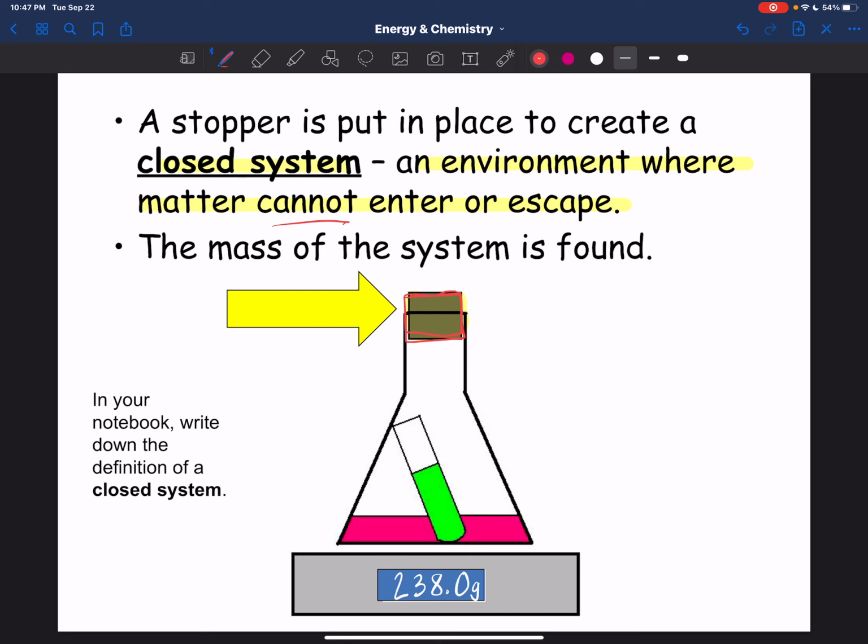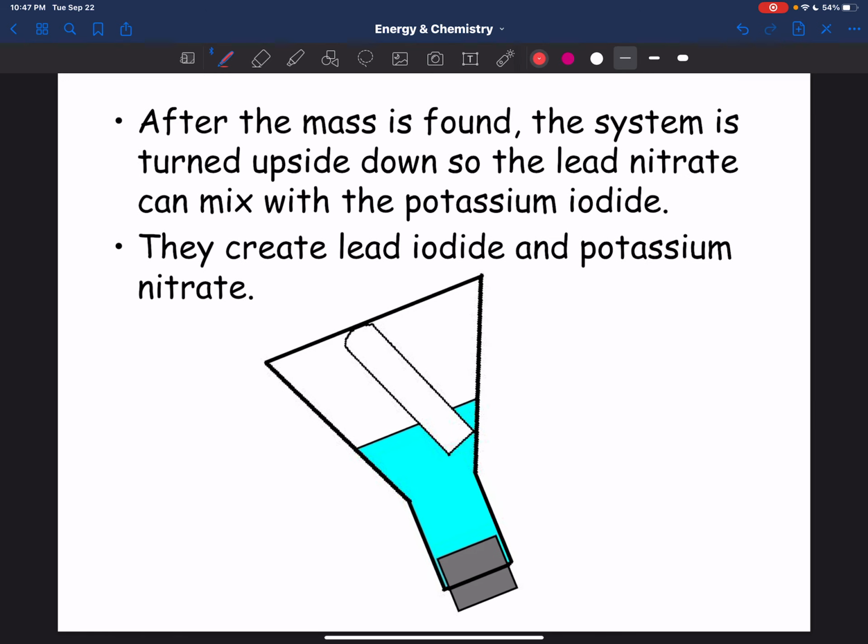Let's say we take this, and it's a closed system because there's a stopper in it. Note down what the mass is: 238 grams. Then we create the reaction, and lead nitrate mixes with potassium iodide to make lead iodide and potassium nitrate.